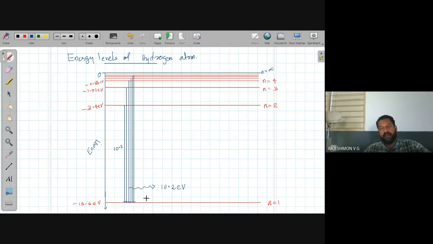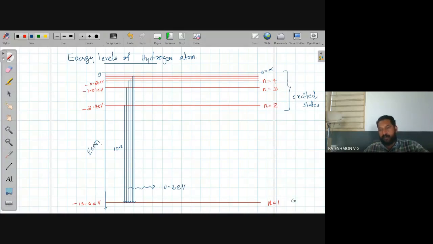All these are transitions to the state with n equal to 1. That is called the ground state. All these others are excited states. They are called excited states because for hydrogen there is only one electron, so usually it will lie in the level n equal to 1.